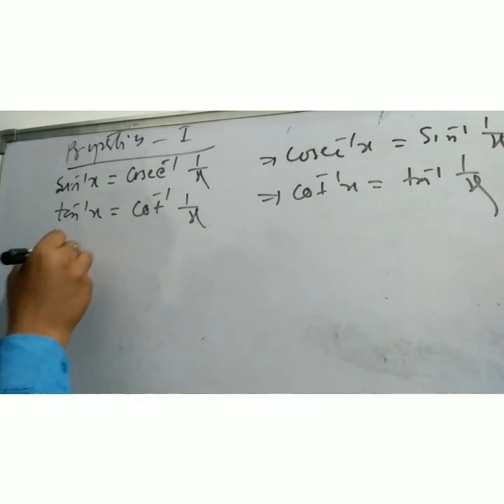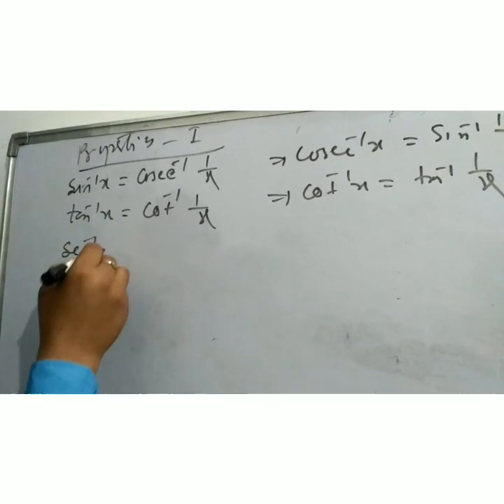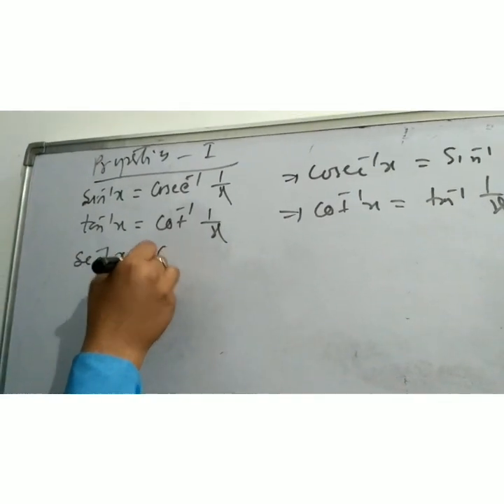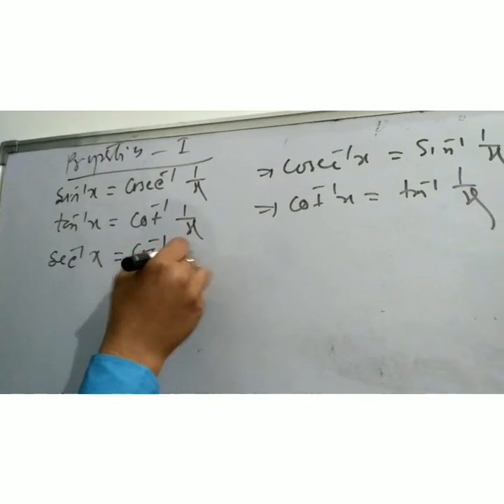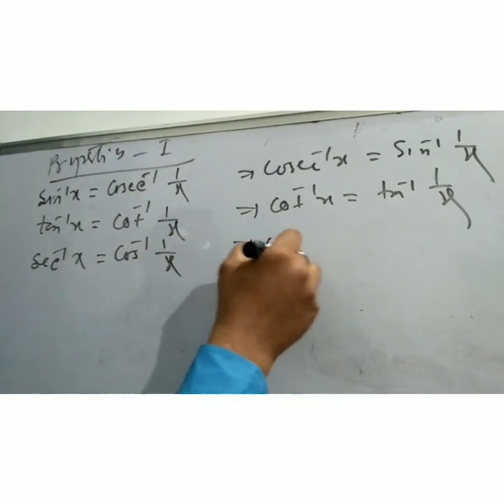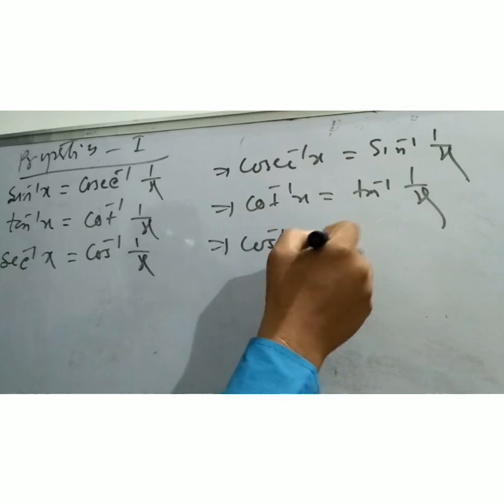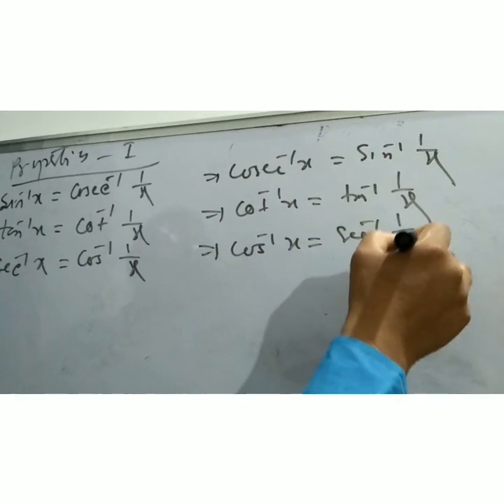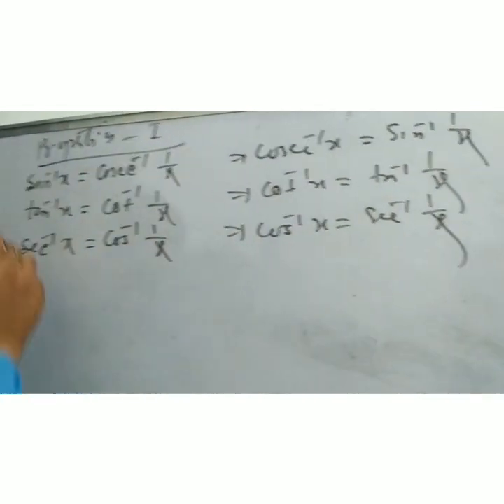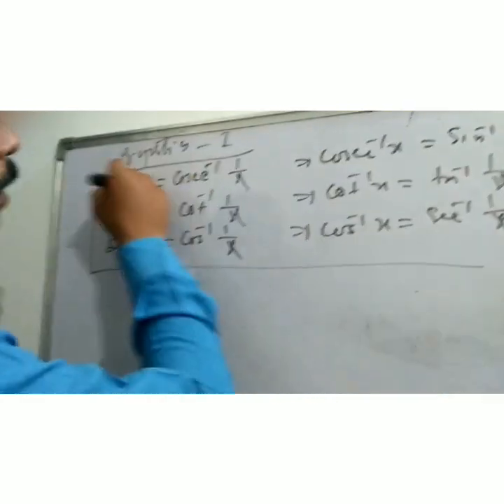So sec inverse x is equal to cos inverse 1 by x, and cos inverse x is equal to sec inverse 1 by x. Okay, that is the first property.